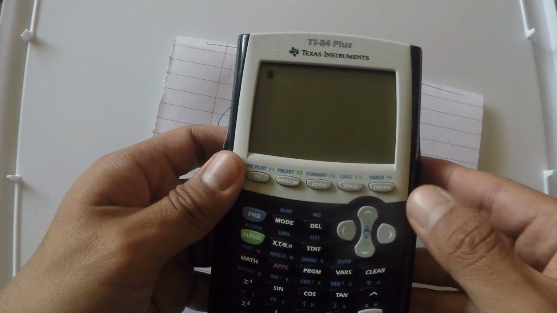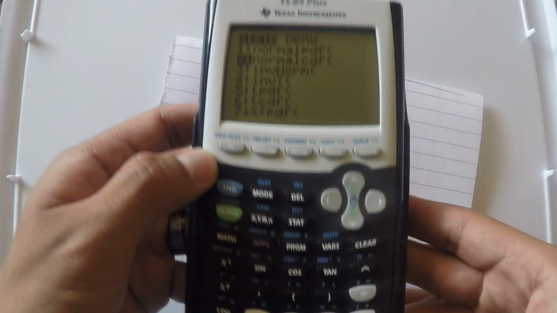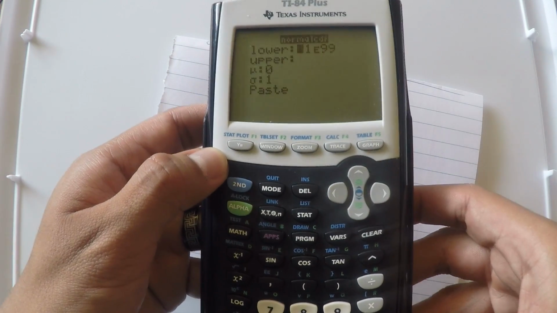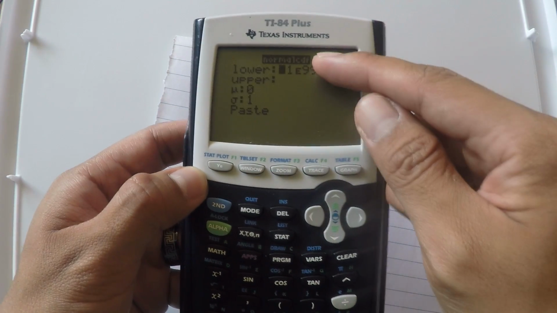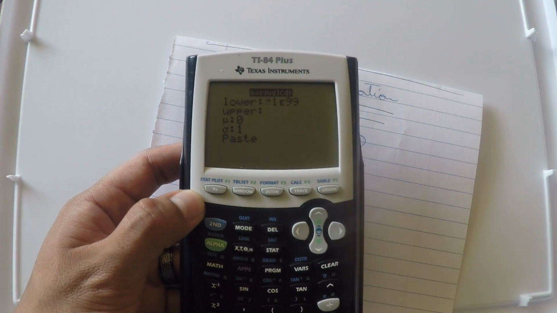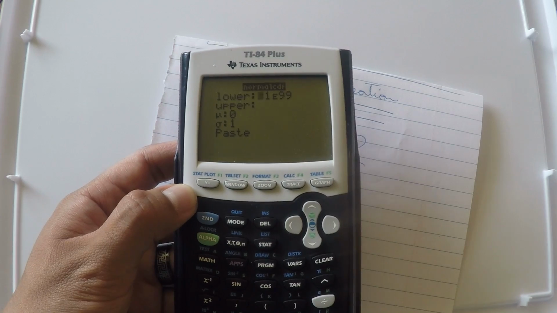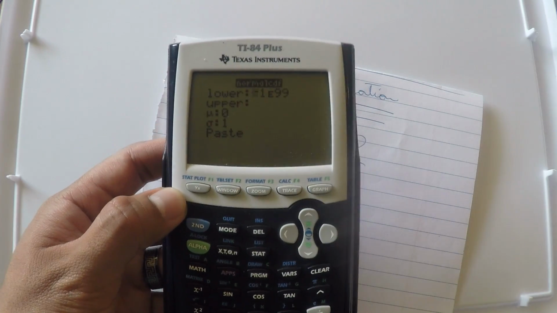So we're going to go to our TI-84, go to second vars, again same thing, and still go to normalcdf. We're still going to use this formula. Again, we're going to have a lower and upper value, but the difference is that now these values are going to be written in proportion form, or a decimal value, as a probability as well.